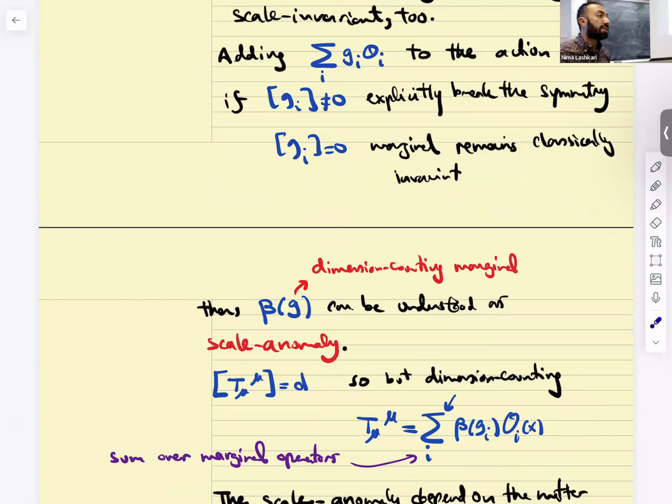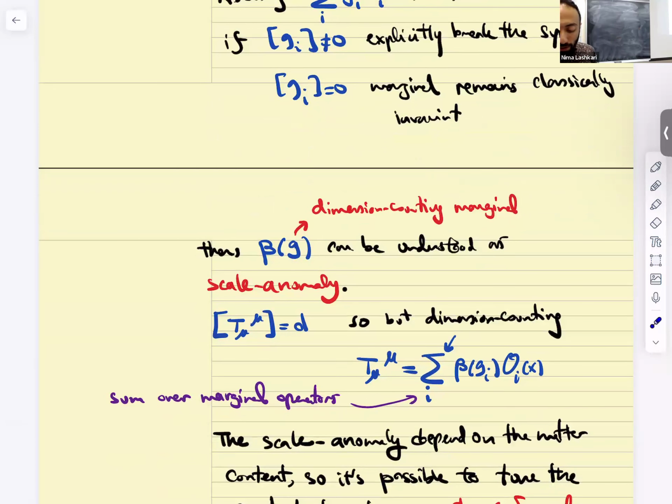Or the violation of conservation of the scaling current at one loop. In principle, T^mu_mu has dimension D, the space-time dimension. So all the operators that are exactly dimension D could appear on the right-hand side, right?